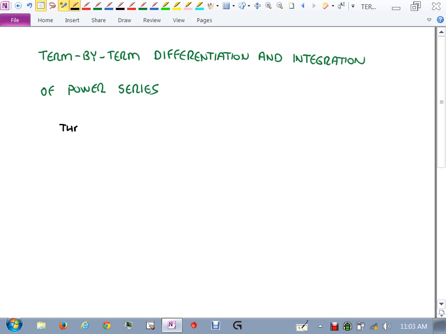The theorem says if a power series, and I'll write out what the power series is, sum n equals 0 to infinity of c sub n times x minus a to the n. Now, this is the power series. How do we say this?